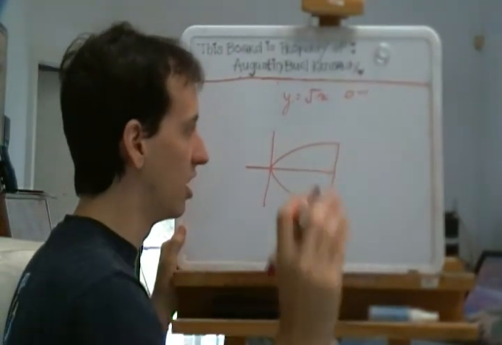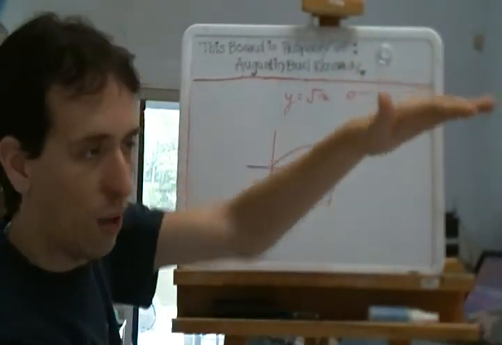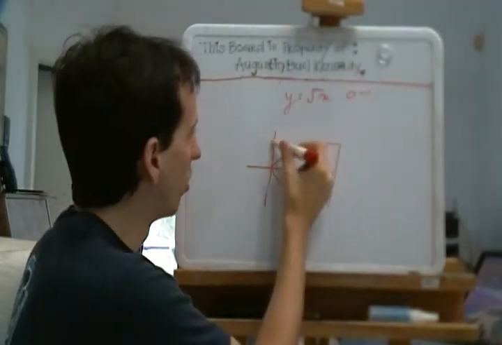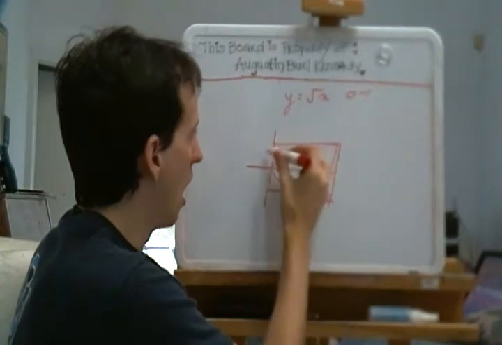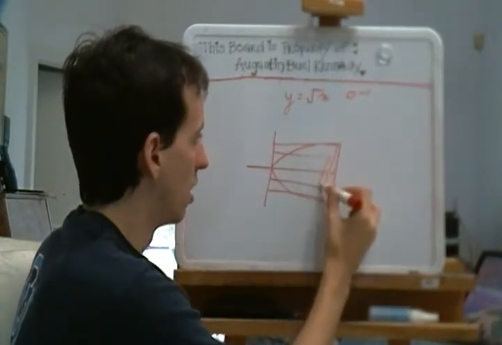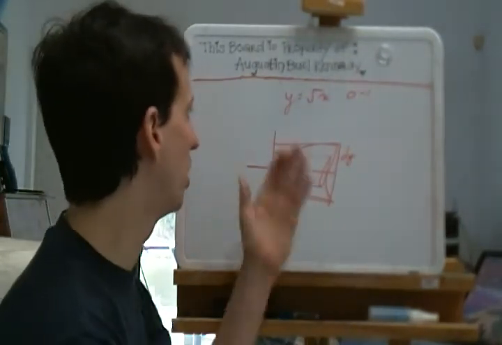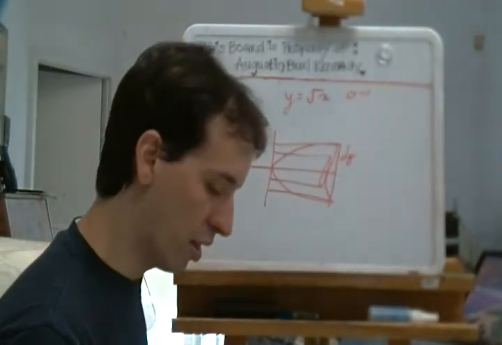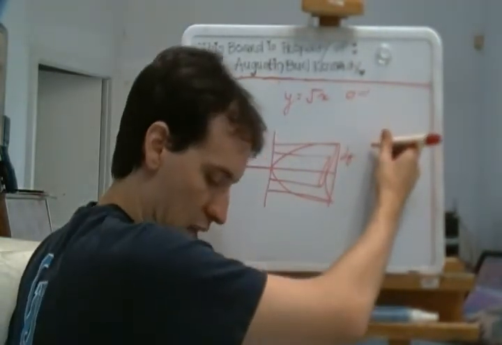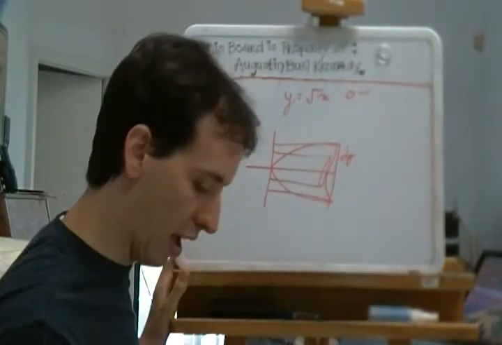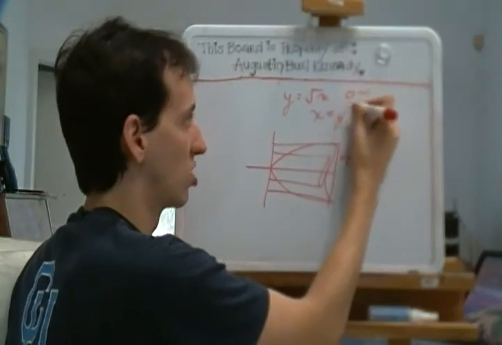Let's realize that a cylindrical shell, if the curve looks like this, it looks like a bowl out that way, we're going to use shells that go that way as well. And indeed, these are going to be dy shells. So we're going to use y. Now the way that we do this is we need to realize that y equals square root of x, and x, therefore, is y squared.